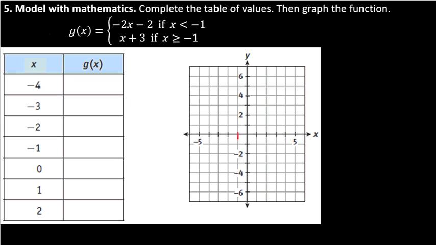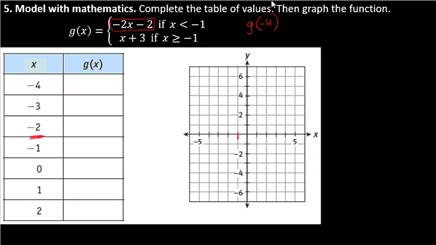All right, so let's start with less than negative 1. So we're going to go up to this point, and I'll do this in red. Negative 2x minus 2. So we're going to do g of negative 4. That means we're using this rule here in red because we are less than negative 1, right?